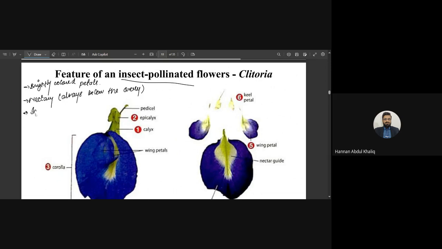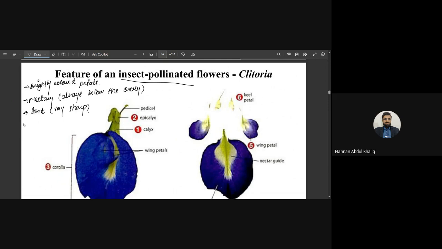And they have scent, very sharp scent, so that the insects and birds are attracted to them. Remember all these three features.